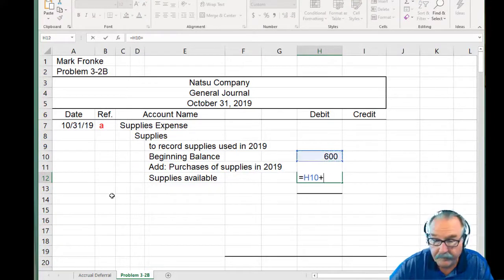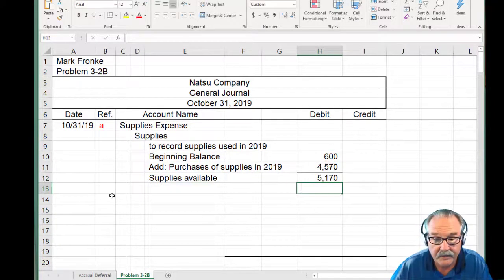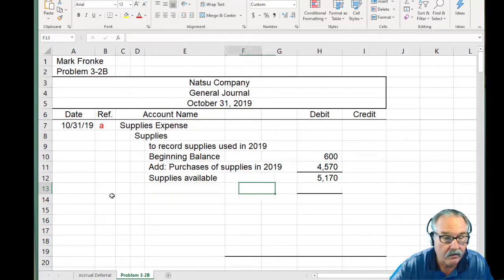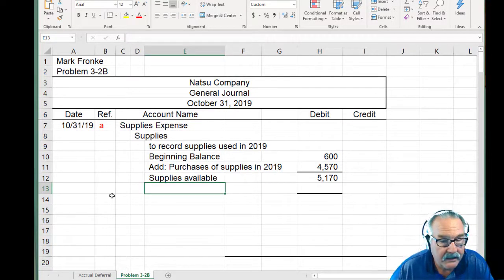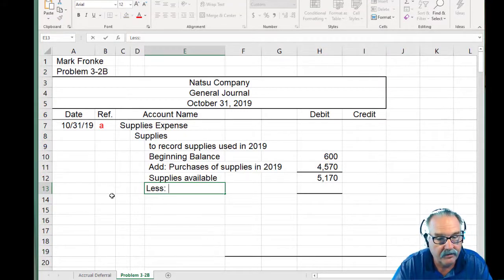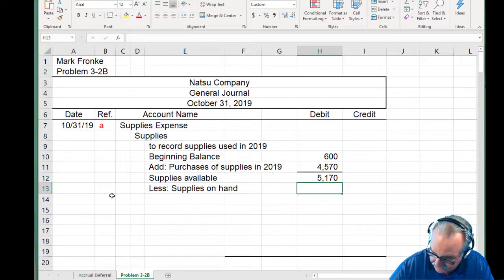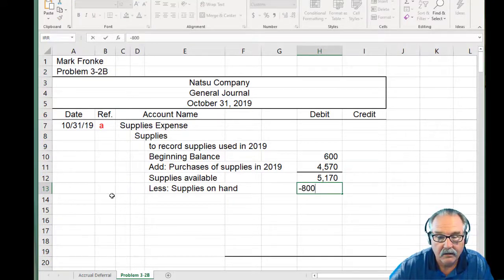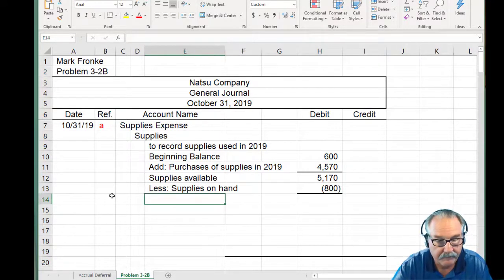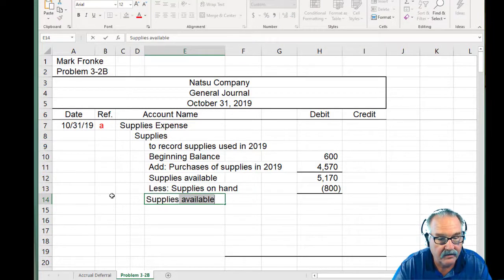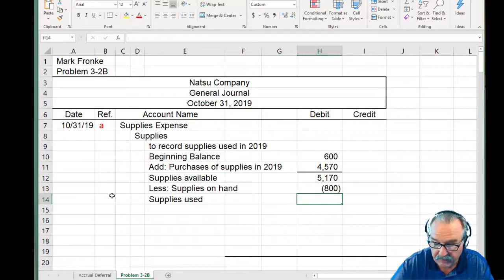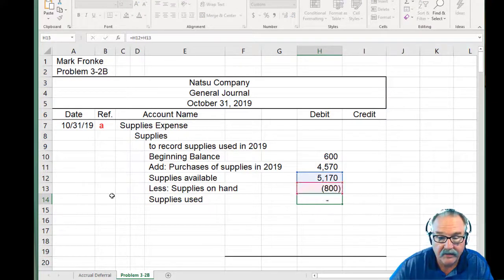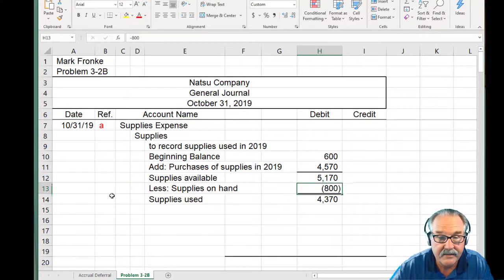of $51.70. However, we didn't use all of them because at the end we went and counted our supplies. So those are the supplies we didn't use. We'll call that supplies on hand. How do we know we didn't use them? We still have them. So our adjustment for supplies used is going to be the $51.70 minus the $800, or $43.70.